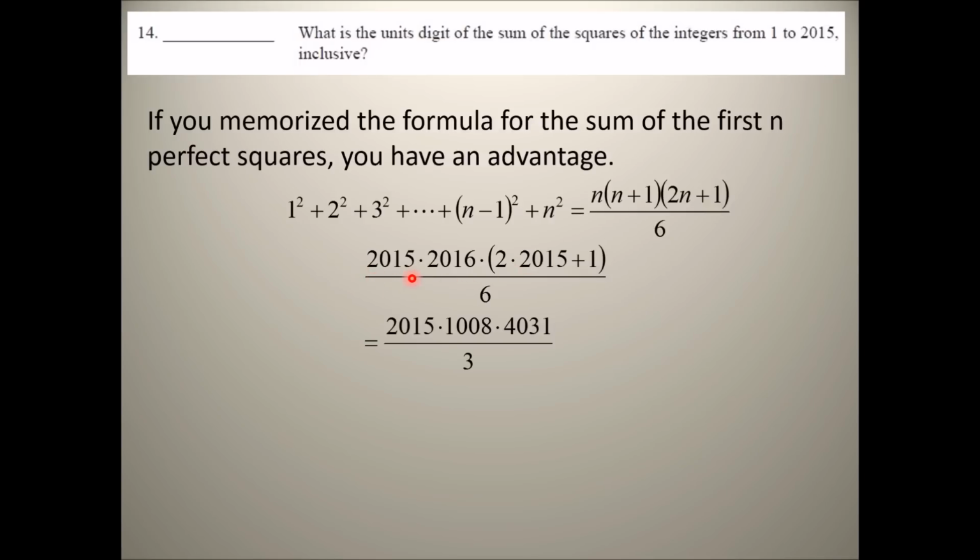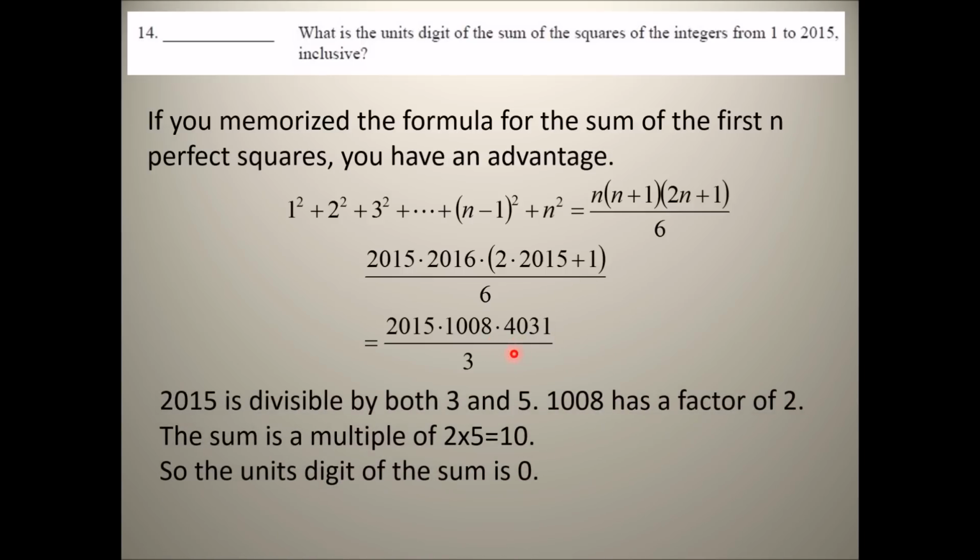So 2015 times 2016, which is 2015 plus 1, times 2 times 2015 plus 1. So you bring down 2015. We changed 2016 to 1008 and 6 to 3 because they both have a common factor of 2, so you cancel out the 2. And then 2 times 2015 is 4030, and then you add 1 to get 4031.